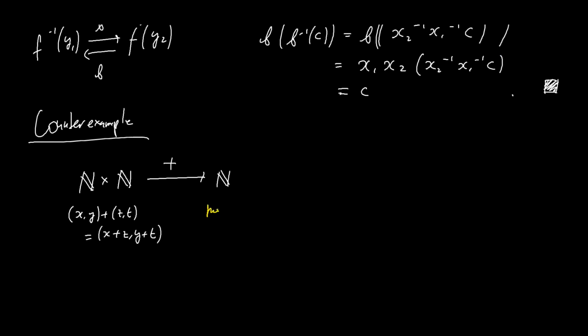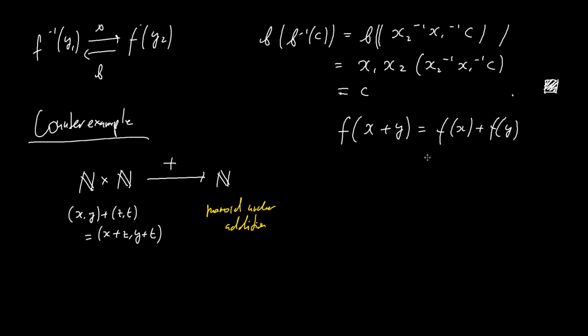Now, quite remarkably, the operation of addition itself, seen as a function from the Cartesian product to N, turns out to be preserving addition. So let's write what this means. In general, preservation of structure would mean that if I apply f to x plus y, I should get f of x plus f of y, right?